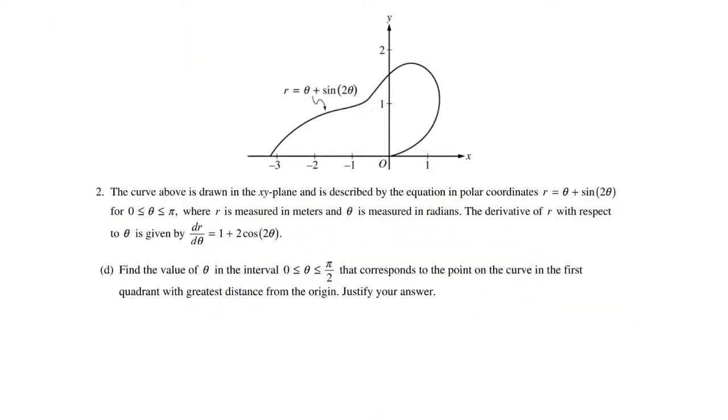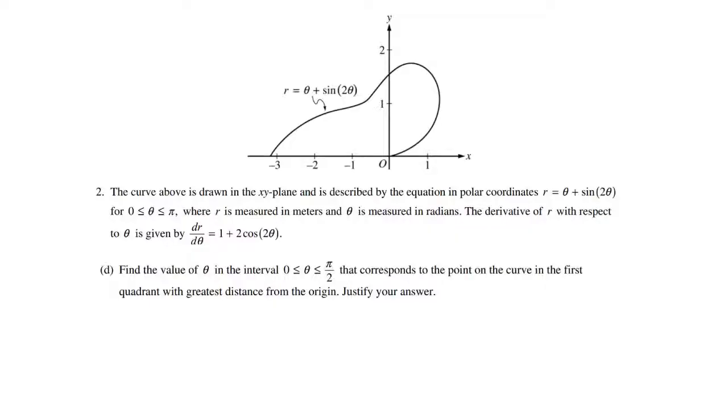Okay, and last problem of this set. Here we need to find the value of theta in the interval from 0 to pi over 2 that corresponds to the point on the curve in the first quadrant with the greatest distance from the origin, and then we need to justify our answer.